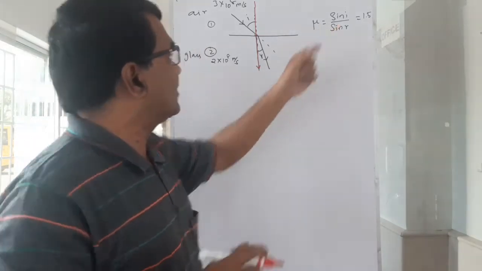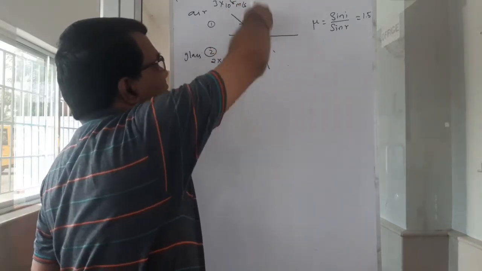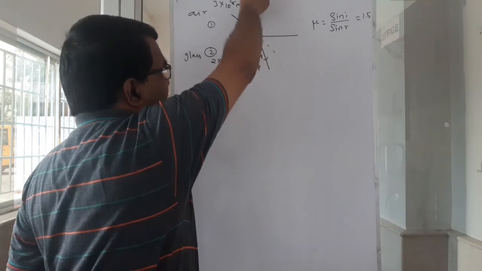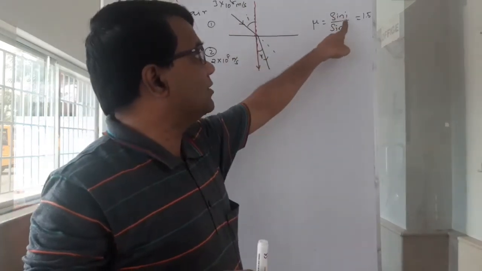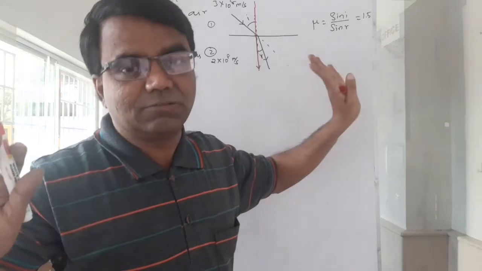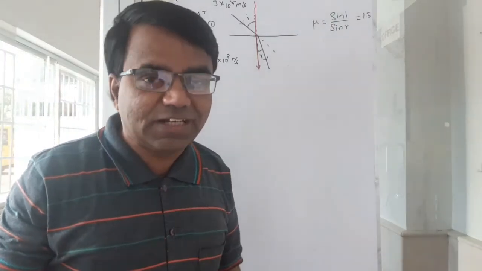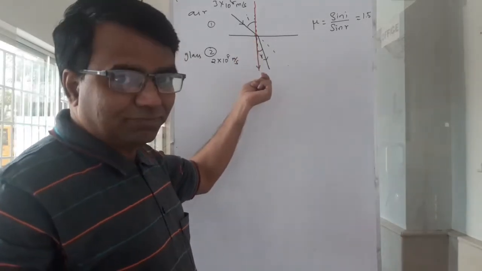Okay. So I can't find the refractive index by sending a ray which is perpendicular to the surface, because the ray which is perpendicular to the surface will go straight, and sin I will be 0, sin R will also be 0. So 0 by 0, indeterminate. Does it mean that it doesn't have any refractive index? No, it does. It slows down here.